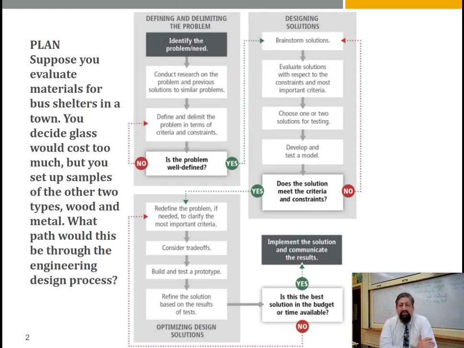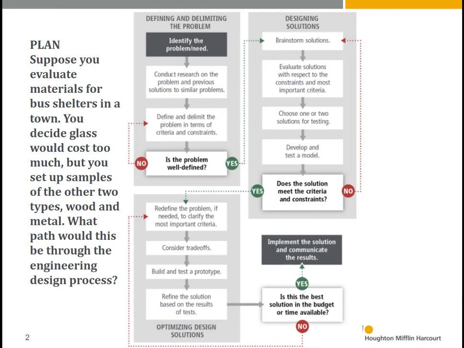Well, if you build and test wood and metal shelters and you test them, then that step is build and test a prototype. And then from build and test a prototype, you go to refine the solution to choose one or the other and consider the trade-offs for wood and for metal.